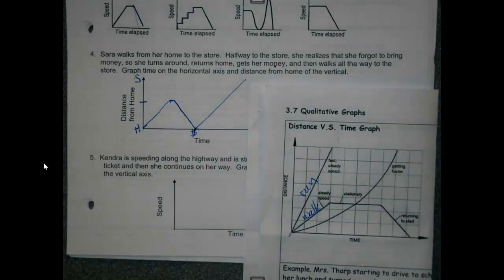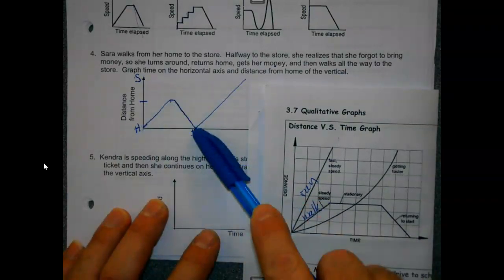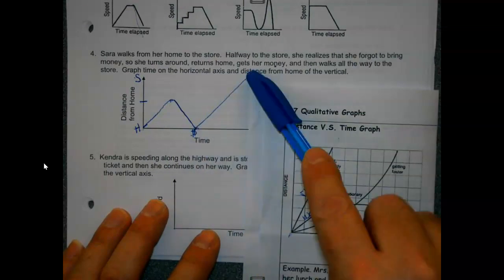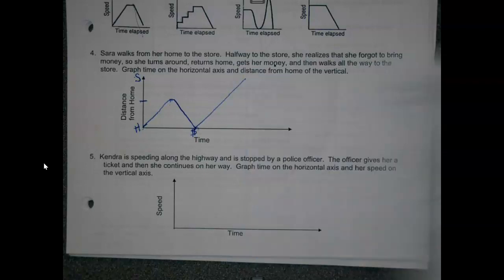So she walked a further distance this time. She was walking to the store. Uh-oh. Walked back home, got her money, and then got all the way to the store the next time. So that's what we're trying to work through and figure out.